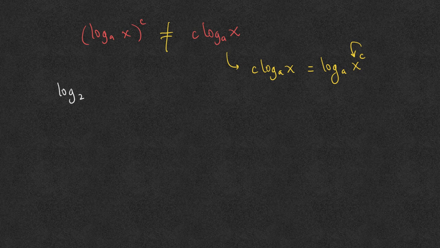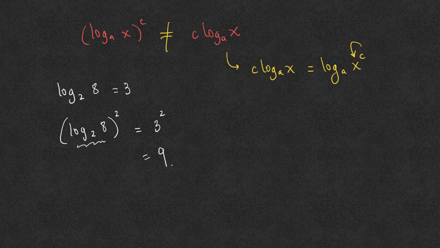Suppose log base 2 of 8 is 3. Suppose we take log base 2 of 8 and we raise it to the 2 power. And so this is 3 squared because log base 2 of 8 is 3. 3 squared is 9.